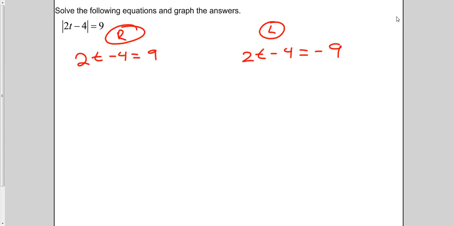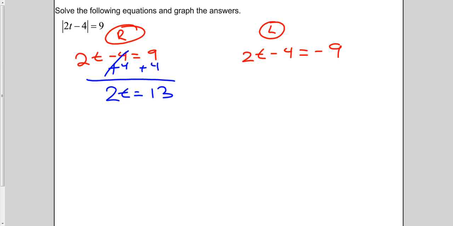So now that I've split them into the case that goes to the right, the positive distance, and then the case that goes to the left, still a positive distance, but in the opposite direction, I solve each case, and then I'm going to get 2 separate answers, and I'm going to put those 2 answers on a graph. So when we do that, I'm going to do the one to the right first. Again, you can do it in any order, but I just like to do the original and then the opposite.